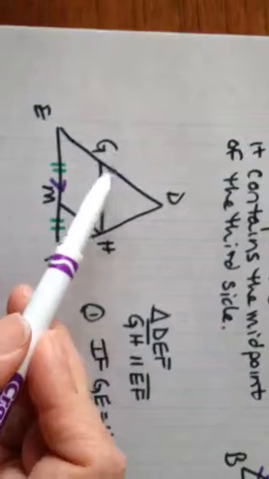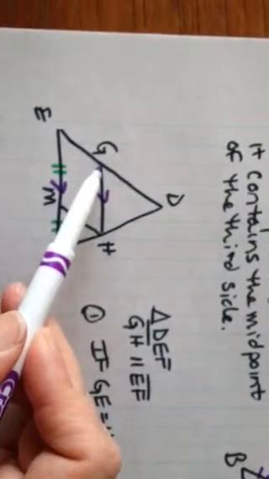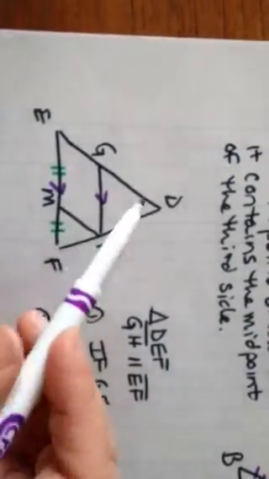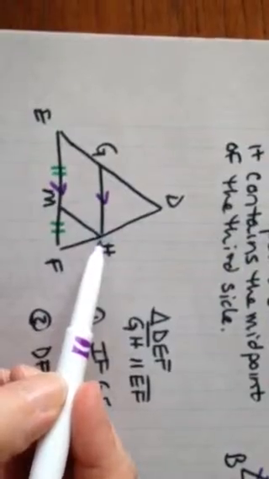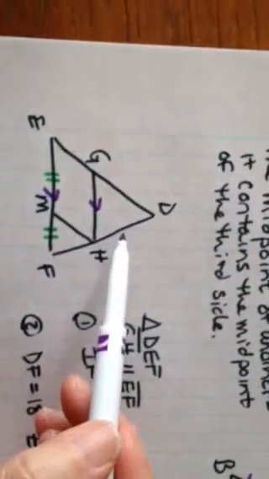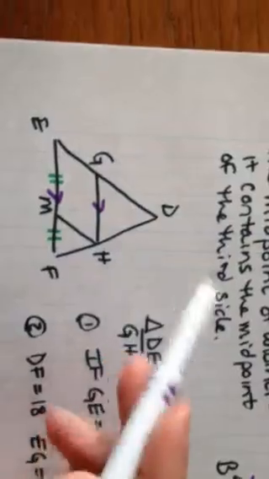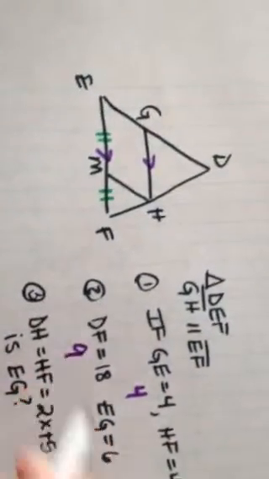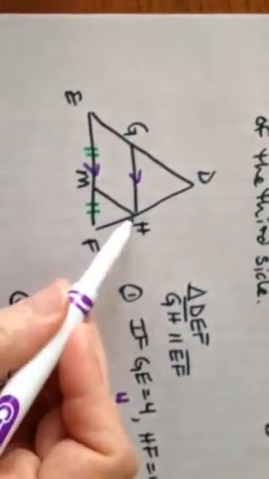These two are equal, so G is the midpoint. If this is the midpoint, then this one's the midpoint. So if DF is 18, what is DH? That's right, half of 18 is 9. And since this is the midpoint, then this has to be half.